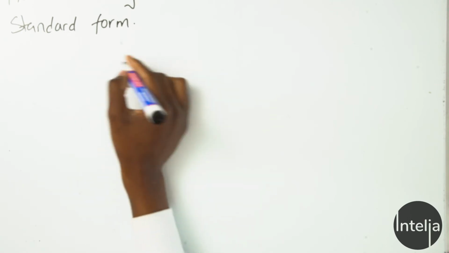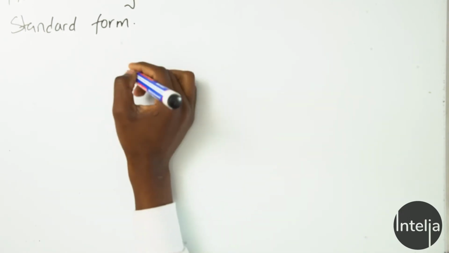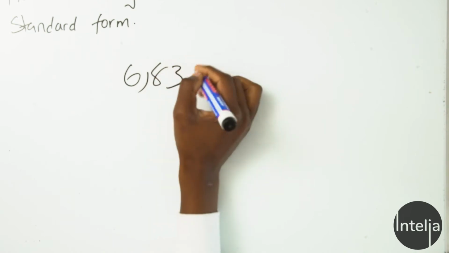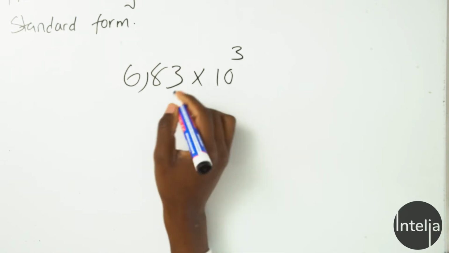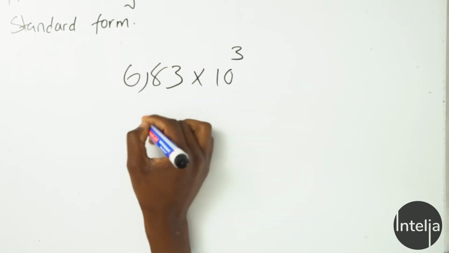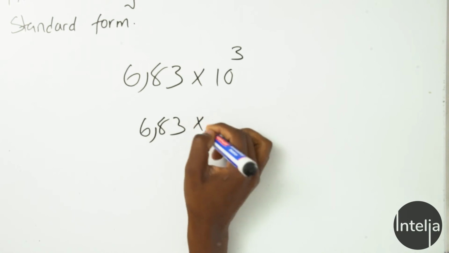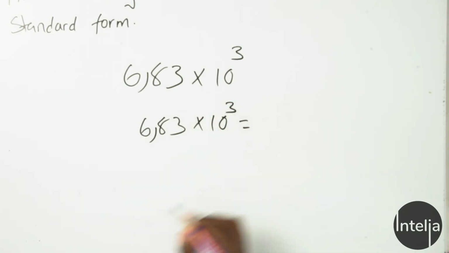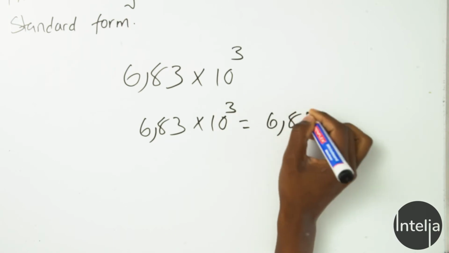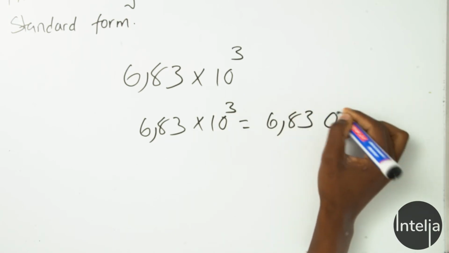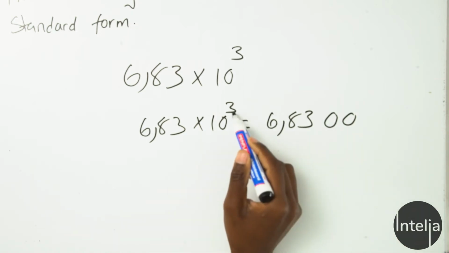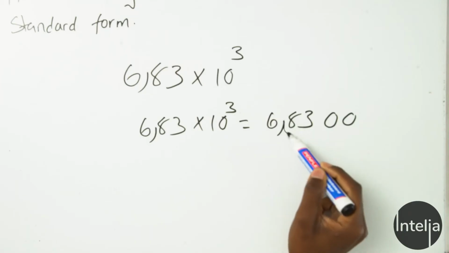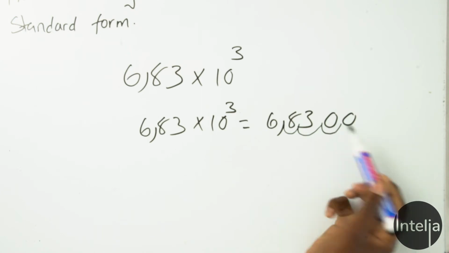If you are given an equation like 6,83 times 10 to the power 3 in standard form, you say 6,83 times 10 to the power 3 is equal to 6,83, then you add zeros, say you add 2 zeros, and then remember it's to the power 3, so you count how many places to the right, 3 times: 1, 2 and 3.